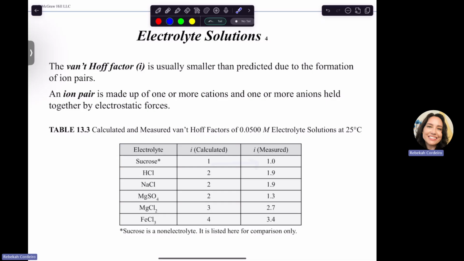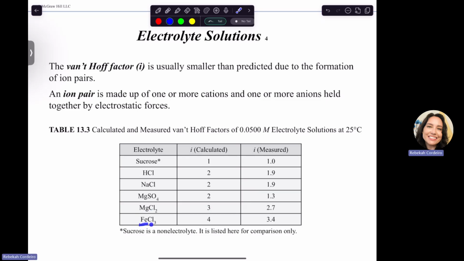But for anything that's ionic or acidic, since acids make ions, you're going to see that it's a little bit lower. And you see that as you increase charge. If we go from positive 1 and negative 2, we only decrease a little bit. But if we go from positive 2 to negative 2, we decrease more. Positive 2 to negative 1, decrease a little bit.